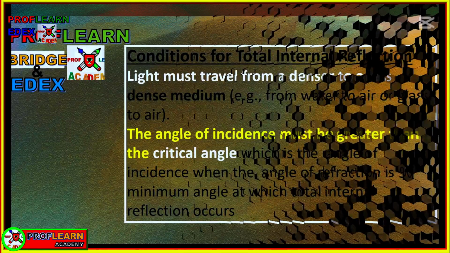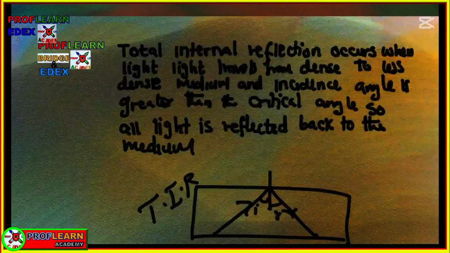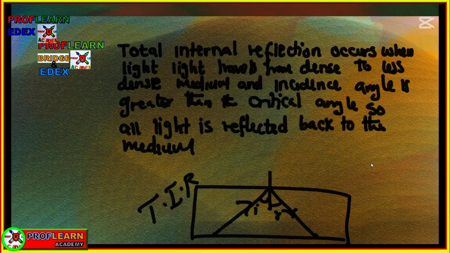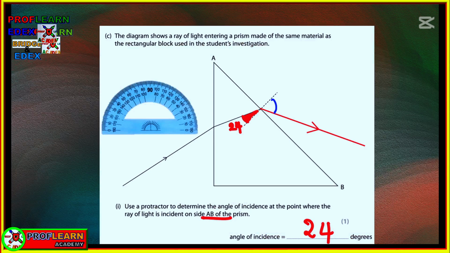Let's go back and let me show you. We had gotten the critical angle to be 56 degrees, but the angle of incidence in this case is 24. So the ray will be refracted; total internal reflection will not take place because the angle of incidence in the dense medium is less than the critical angle.